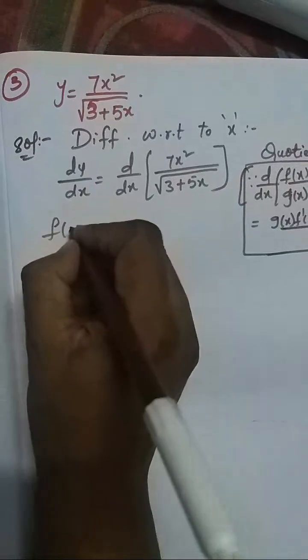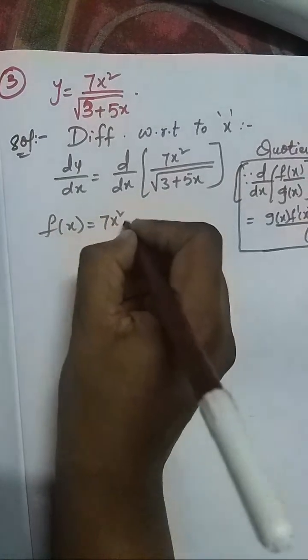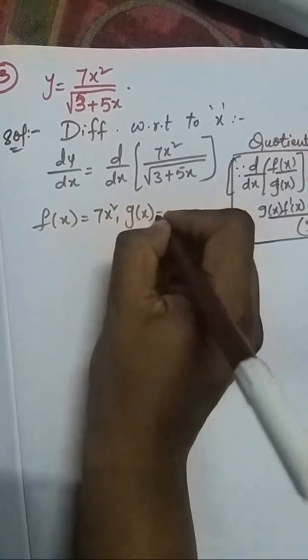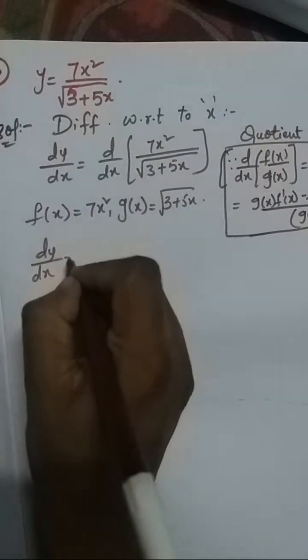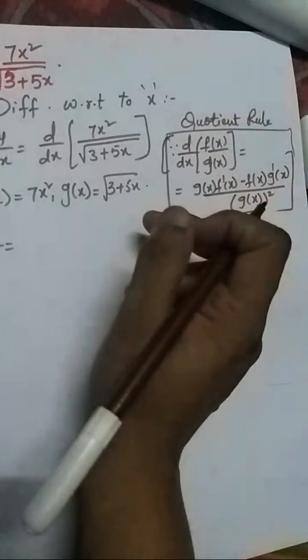So f of x is equal to 7x square and g of x equal to how much? Under root 3 plus 5x. Now apply this: dy by dx equal to this one.